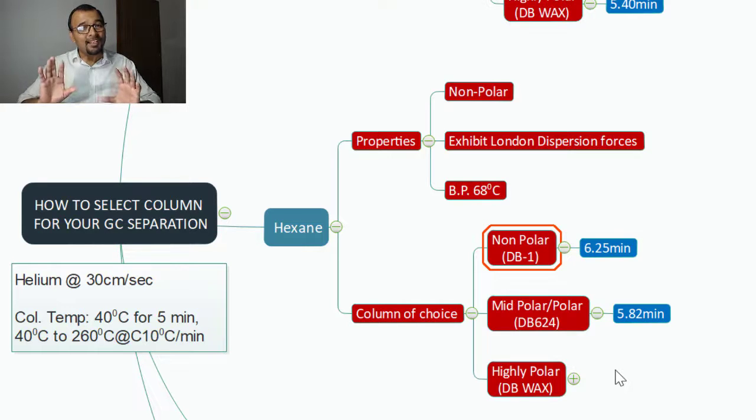So from 100% dimethyl polysiloxane, which is the DB1 stationary phase, you have 6.25 minutes as the retention time for hexane.